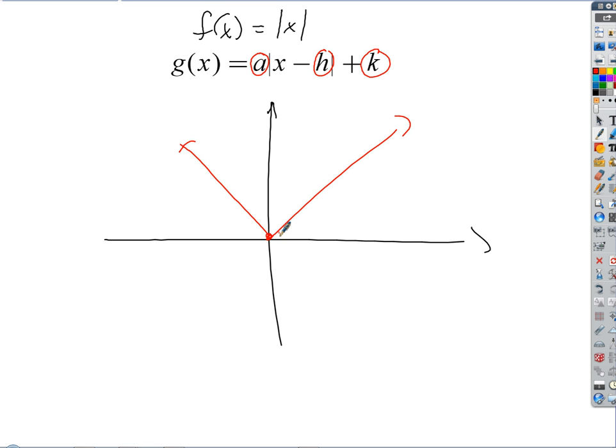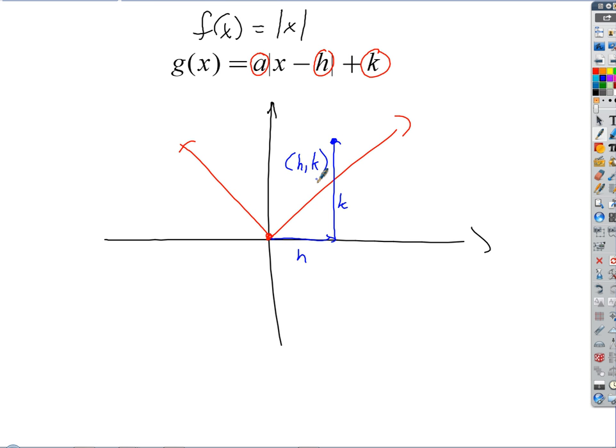So if we translate this thing and it goes over here and up to there, that's H and that's K, then that's our new vertex, and its coordinates are (H, K). So all we have to do with these numbers is put a point where we know the vertex is going to be.